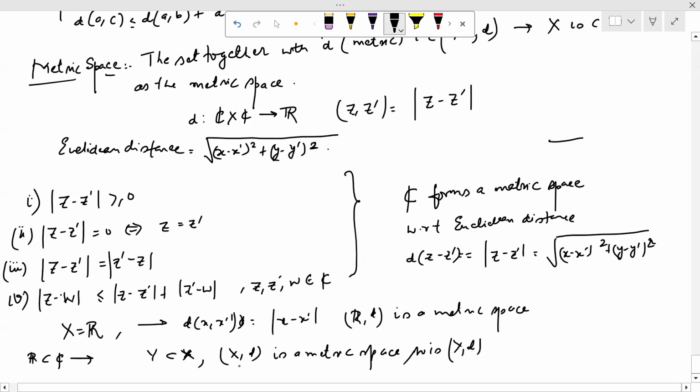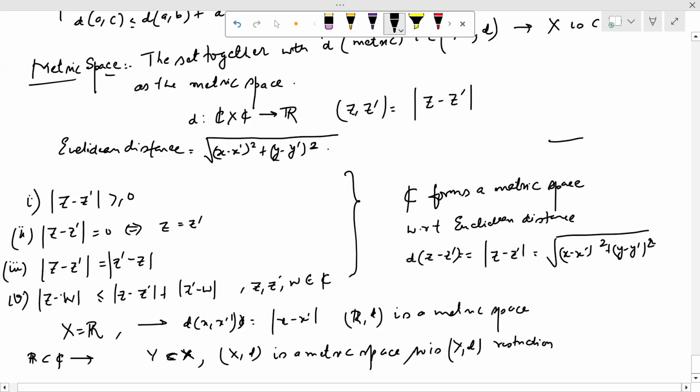So if Y is contained in X, let's say we proved this for C, C forms a metric space and R is a proper subset of C. So basically, (R, d) also forms a metric space. Basically, if Y is contained in X and (X, d) is a metric space, so is the restriction.